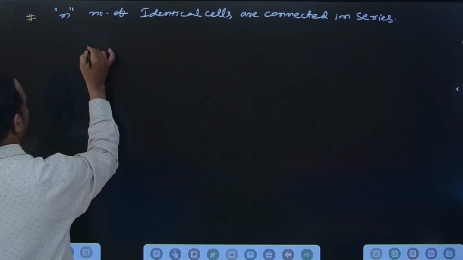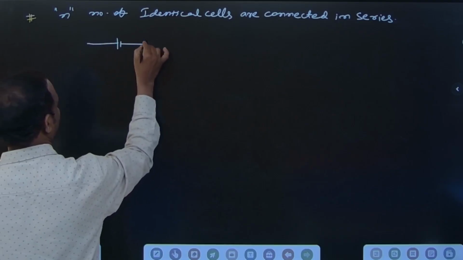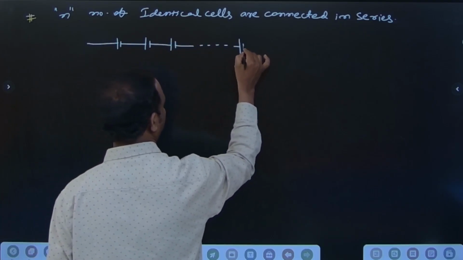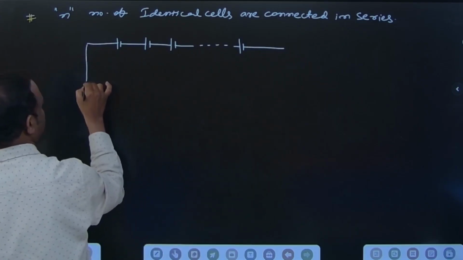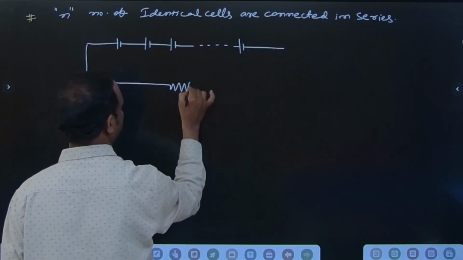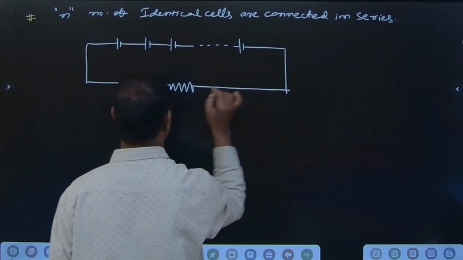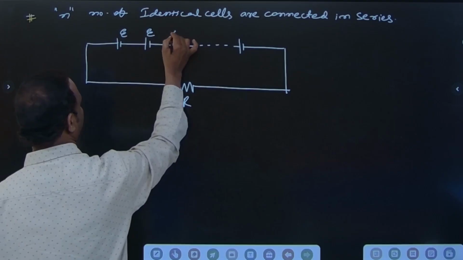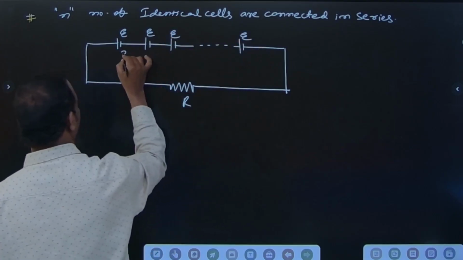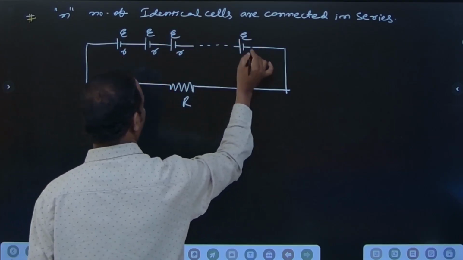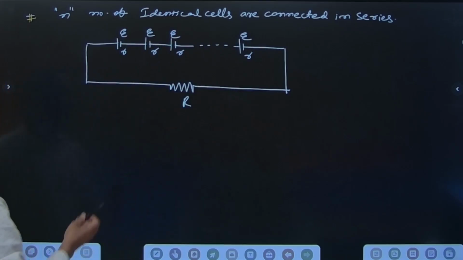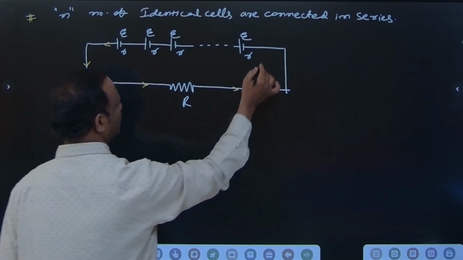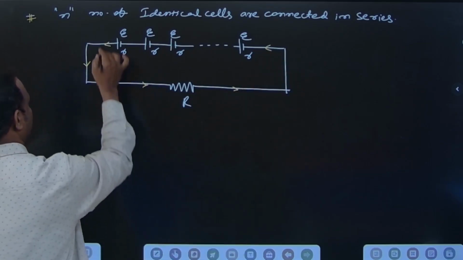N number of identical cells, the first cell like this, N are connected, and for this some external resistor is connected. This is capital R. Its EMF, all these being identical, is E, and the internal resistance is also like this. The direction of current will be as shown in this one, right? So its current is I.